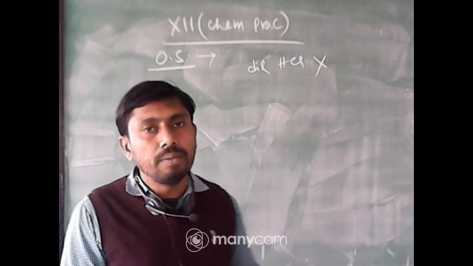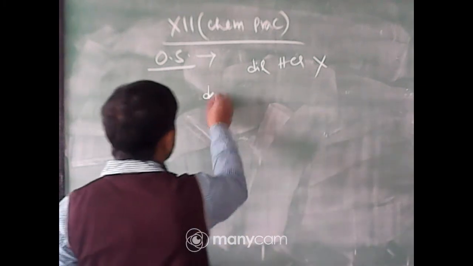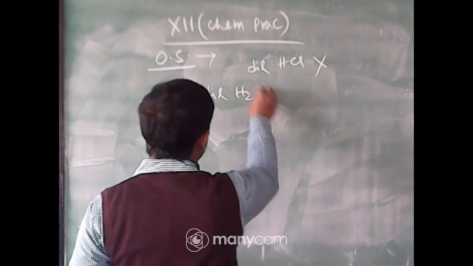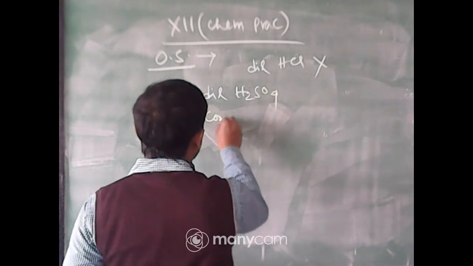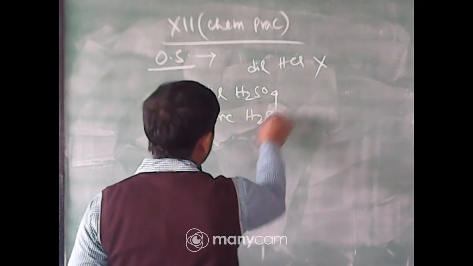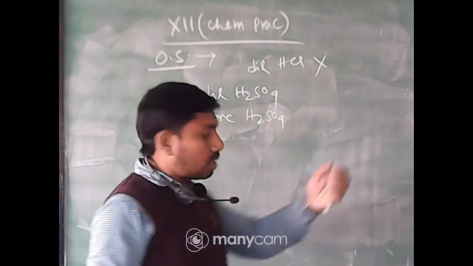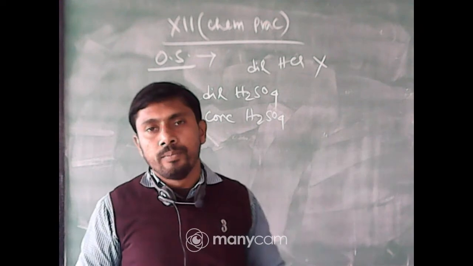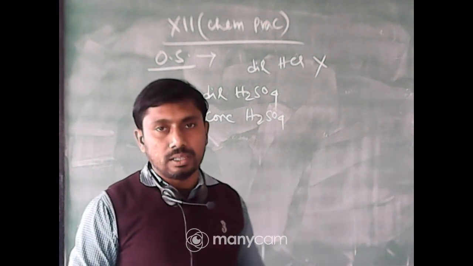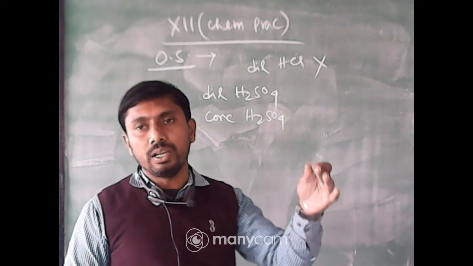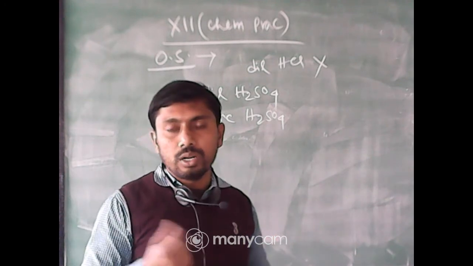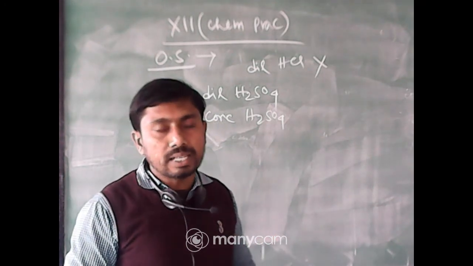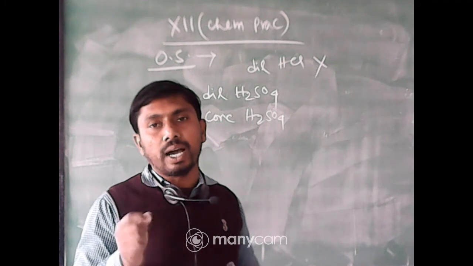These are called preliminary tests. That is the dilute H2SO4 test and the concentrated H2SO4 test. In these two tests we take the direct, solid sample and add the acid. If any effervescence comes, or any colorless gas or pungent smelling gas comes out, then we have to identify it.